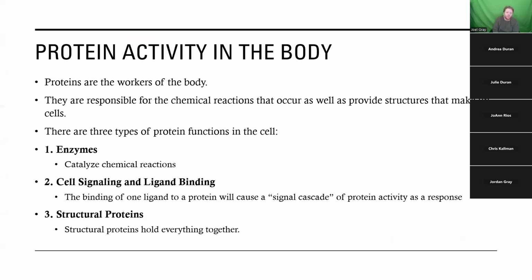Proteins are effectively the workers of the body and the workers of the cell. They're responsible for chemical reactions that occur, as well as providing structures that make up cells. When you're looking at chemical reactions, think about amino acid side chains.